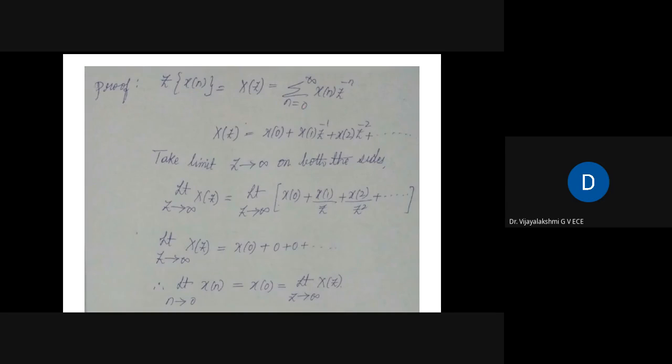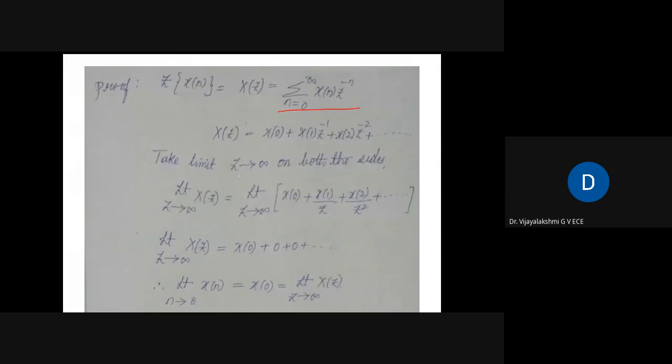Now you can see here I've taken only from 0 to infinity, x of n into z power minus n. Now what I do, I'll just expand the right hand side. For a few terms I'll expand, it goes till infinity. So the first term is x of 0 into z power 0, x of 1 into z power minus 1, x of 2 into z power minus 2, and so on.